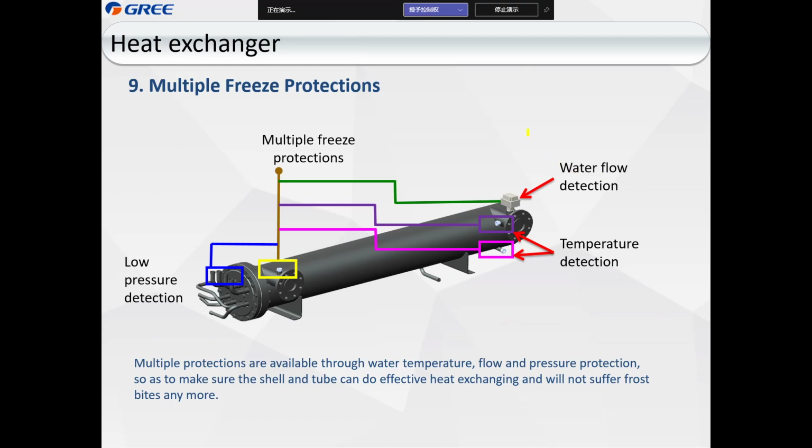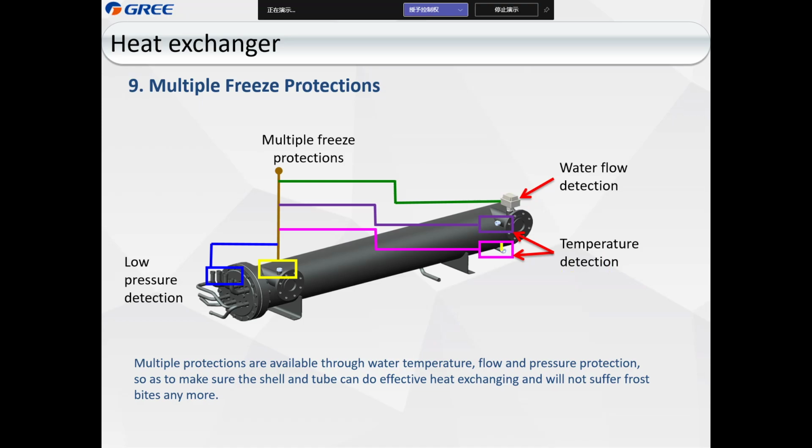And then for this heat exchanger we have multiple freeze protection. We see this picture. We have a low pressure switch, and then a water flow switch, which can detect the water flow, and temperature detection.